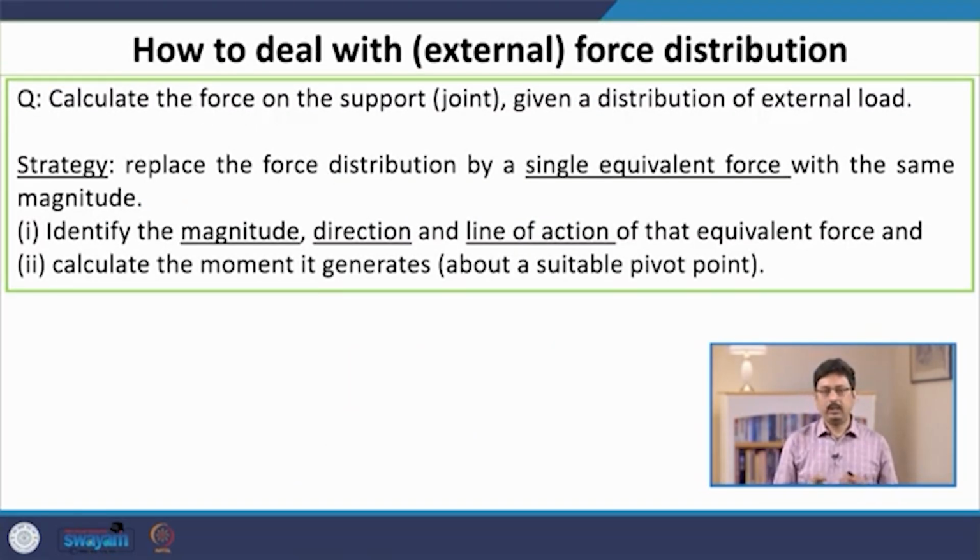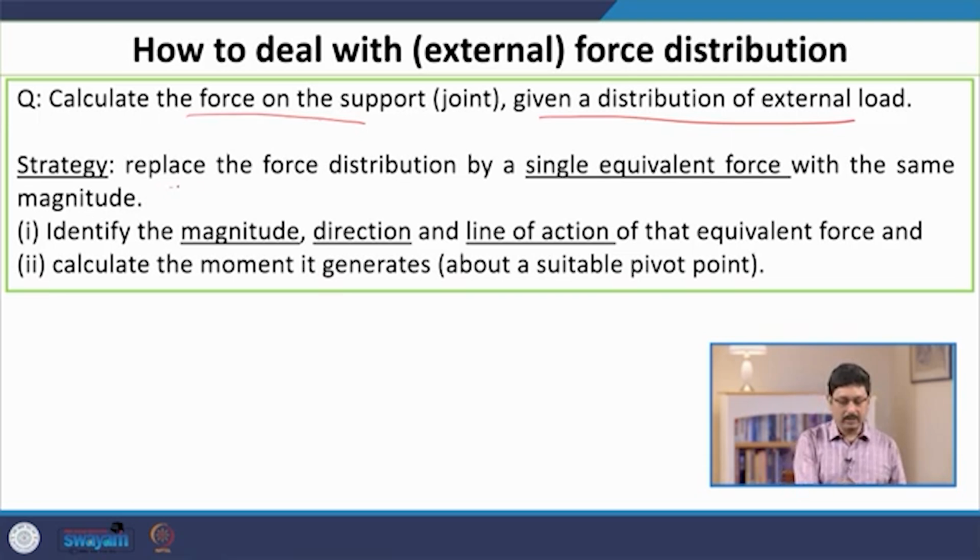So, what are we interested in in this kind of situation? There could of course be different types of questions, but what we are interested in is calculating the force on the joint. So, this is a practical engineering question. Given the external load, which is distributed over an area, we want to replace this force distribution by a single equivalent force with the same magnitude.